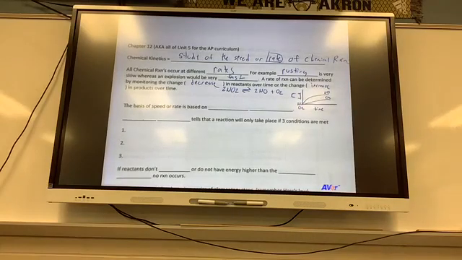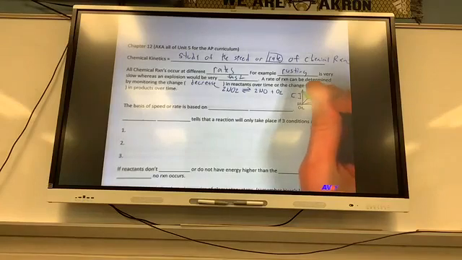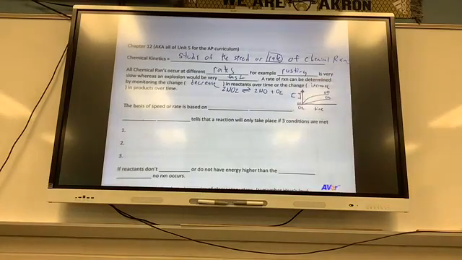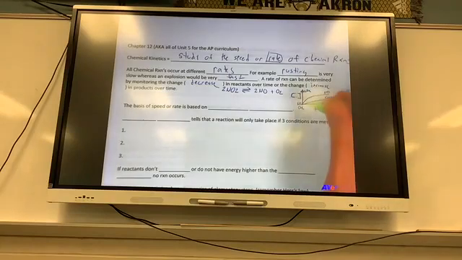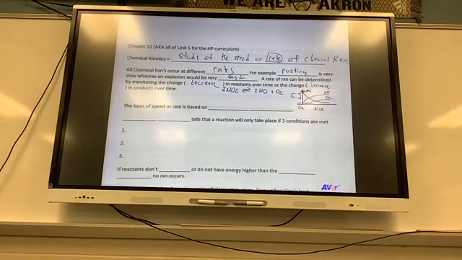And then what am I going to actually start with? I'm going to start with some NO2, yes. And the NO2 should go down about the same amount as what the NO is going up. So something like this. That's actually pretty decent. If you look at that little space on the left, it's pretty good.